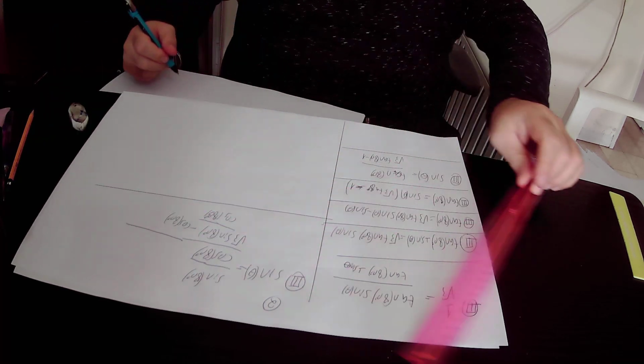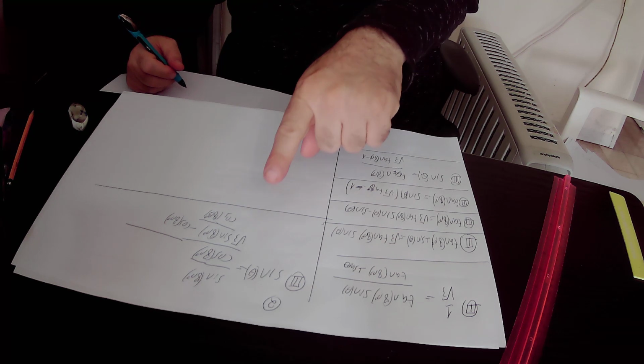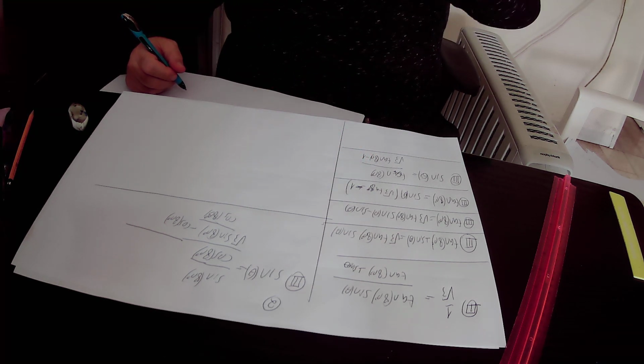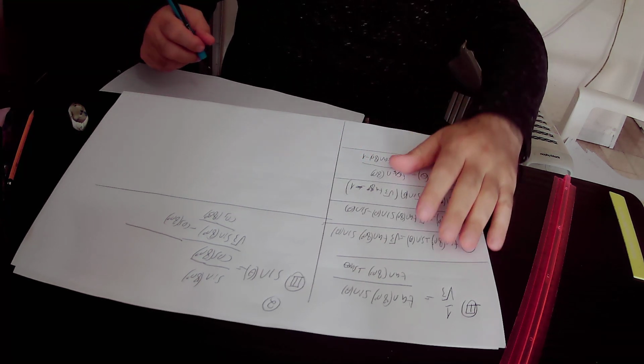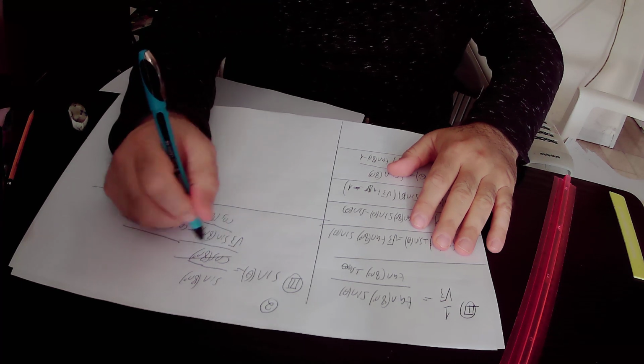So here we have cosine 80 degrees in the numerator and we have cosine 80 degrees in the denominator, so cosine 80 degrees will get cancelled.